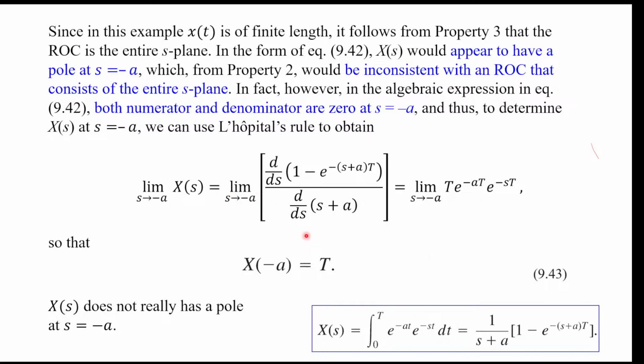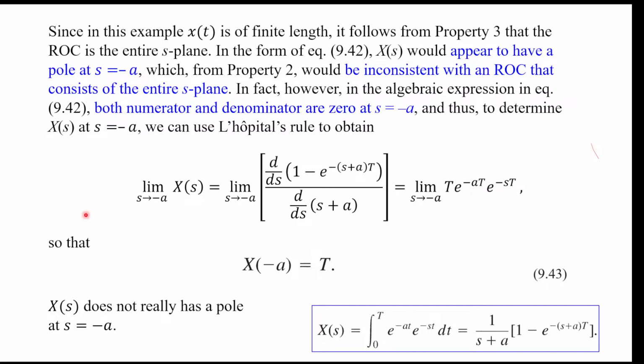So you do the differentiation, then the lower part just becomes 1, and the upper part becomes this, so the 1 differentiates away, and then you have minus T as the coefficient, so minus T cancels with plus T to become T, and you just have e to the minus (s plus a)T.